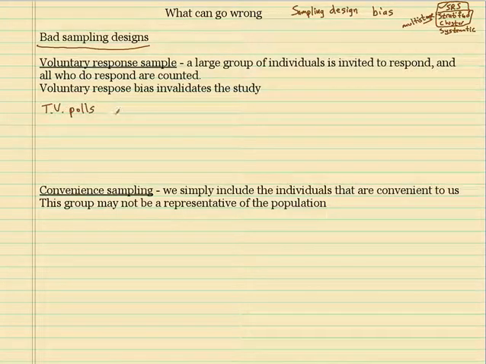They ask a question and people call in, especially during elections. If you pay attention to the news, you've got Fox and MSNBC. The people that tend to go one way watch one, and the people here tend to go this way. So you can see it's just voluntary.